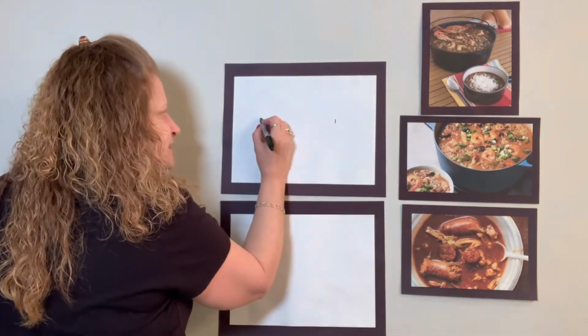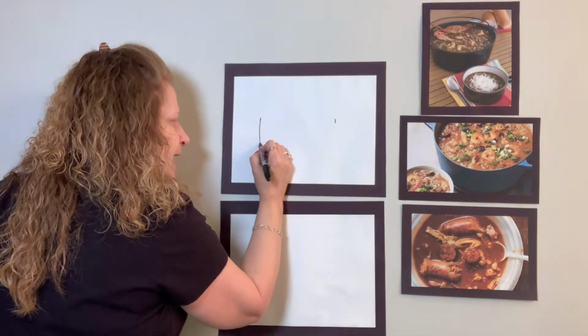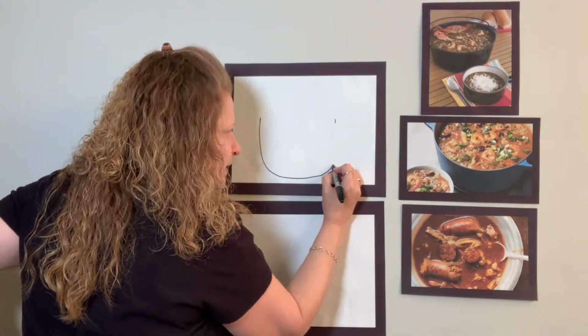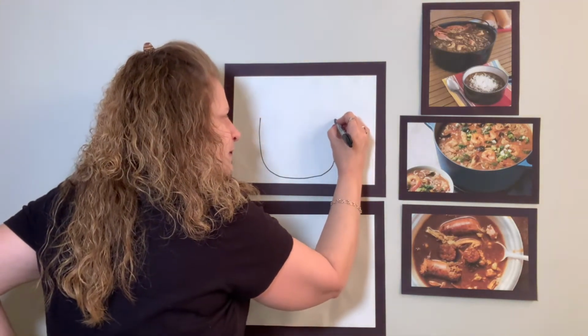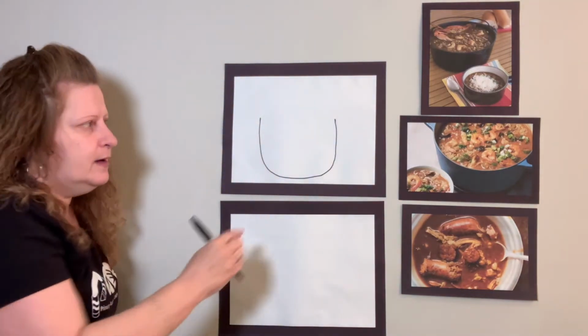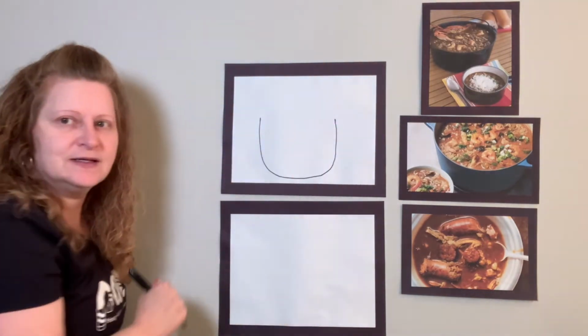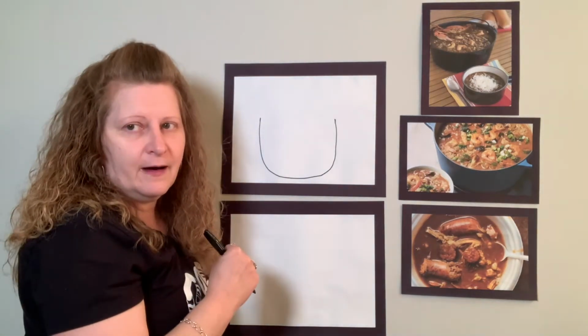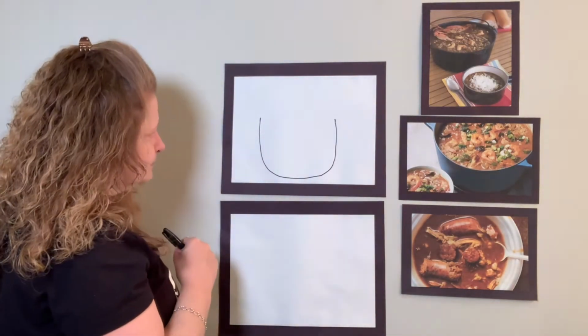What we're going to do is start on this side and go down and around using our curve or our cup line, and go around and connect to the little line that you made. That is the bottom of your gumbo pot.